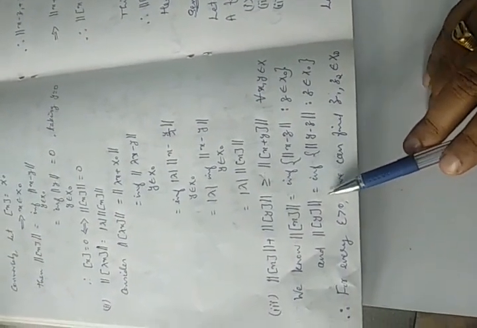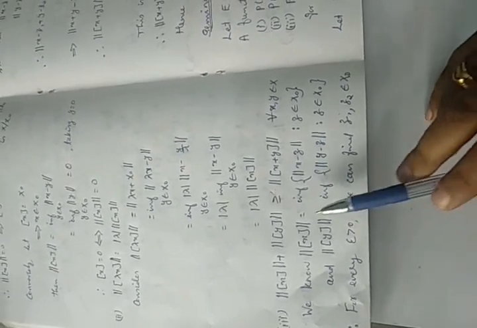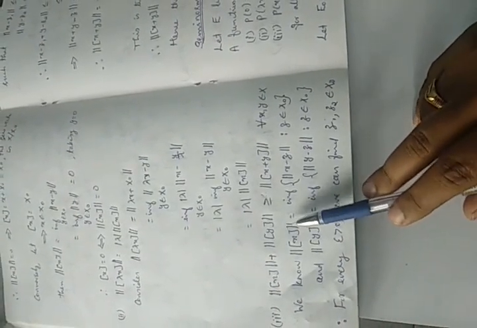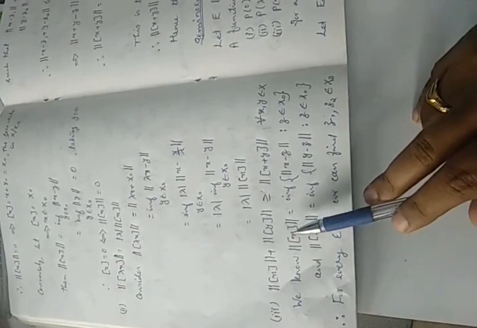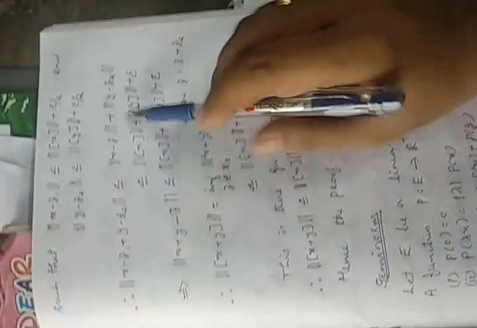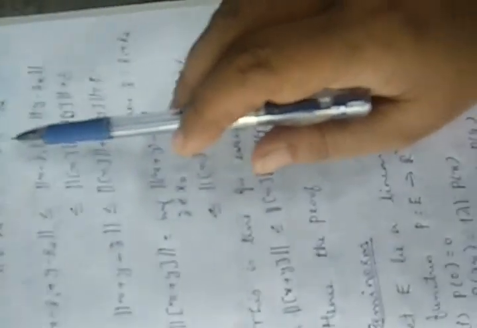Now we consider an epsilon greater than 0. If we add epsilon by 2 to these two numbers, we consider the numbers norm of class x plus epsilon by 2 and norm of class y plus epsilon by 2.